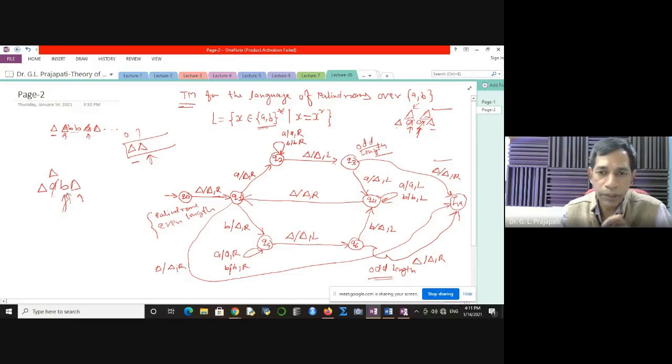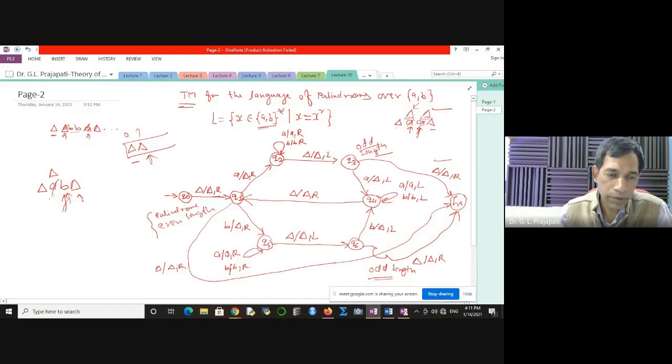Now, whenever you are at q3, what you are expecting? Since you have deleted the A, the last symbol must also be A. But here the situation is different. You have deleted A and the last symbol you encounter is B. This is not the case where you can say that this is a palindrome string.